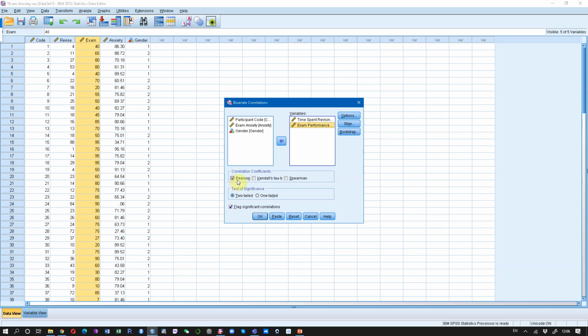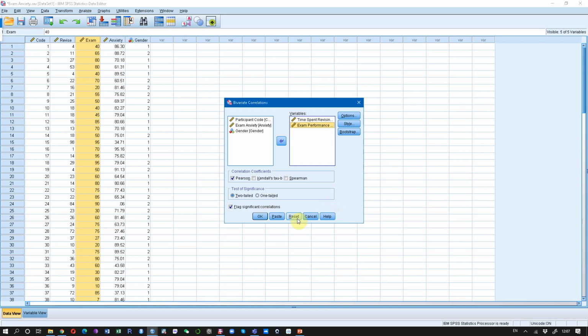But strictly speaking, you should check the distribution first. When we talked about distribution during session 4, and of course session 3 as well, you need to observe the histogram of these variables. At the moment, I just go ahead with Pearson, assuming that the exam performance is normally distributed.